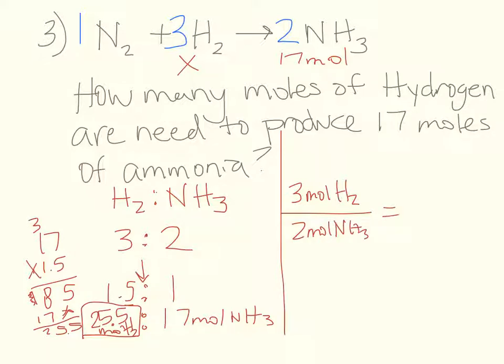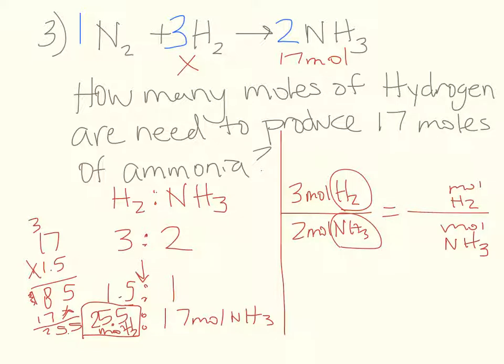All right, and in order to solve for the number of hydrogen moles in the end, we need to make sure that we've got the same units on the top and the bottom. So we started with H2 on the top, so we're going to have moles of H2 on the top here, and we have moles of NH3 in the bottom, so we're going to put moles of NH3 on the bottom as well, and then we're going to fill it in with what we know from the question.